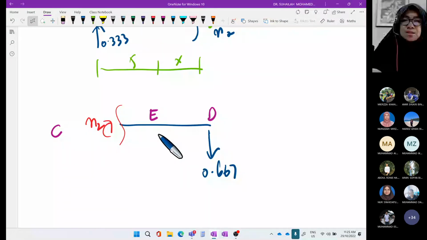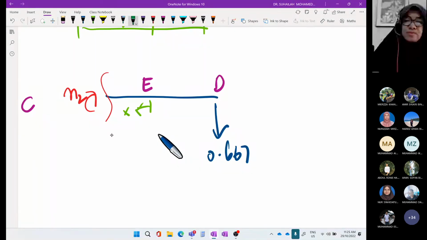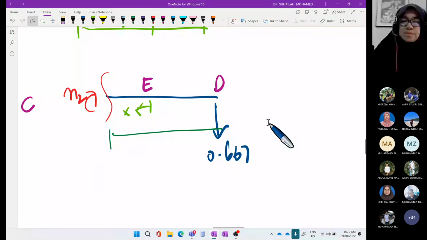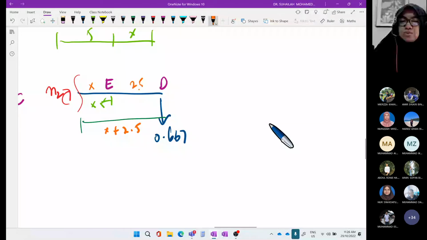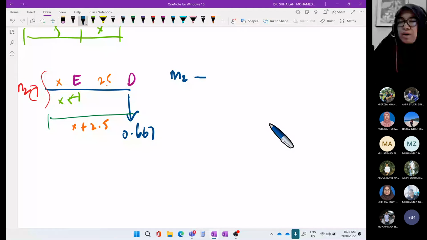We want the equation that is right between this distance. Okay, so it is 2.5 and X. So it is X plus 2.5. So for the moment equation, we get M2 plus 0.667 times X plus 2.5. Okay, so we get M2 equal to negative 0.667. Okay, please calculate 0.667 times 2.5.